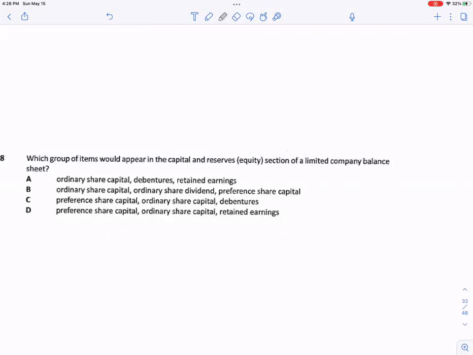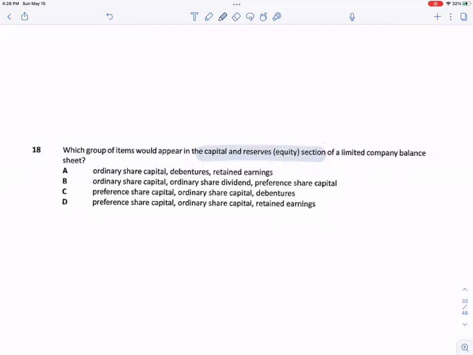Capital and reserves section means which section? Please answer. Preference share capital, ordinary share capital, and retained earnings mean shareholders funds.